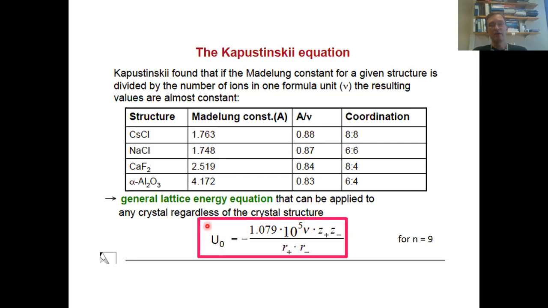Then we arrive at a simpler equation, which is 1.079 times 10 to the power of 5 times the number of ions in the formula unit times the charges of the ions over the distance between the ions. That is named after Kapustinskii, the Kapustinskii equation.